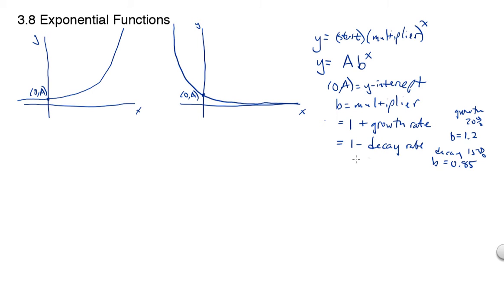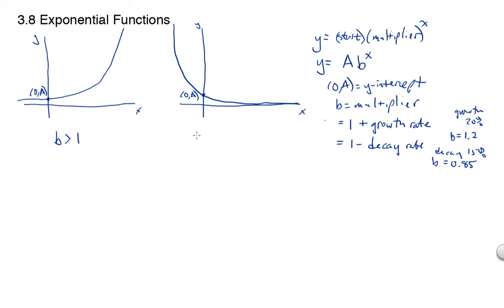So let's look at what situation determines whether we're growing or decaying. If we look at our multiplier, if we're growing, that means we're taking 1 plus our growth rate, 1 plus some positive decimal. So if we're growing, then our multiplier is bigger than 1. If we're decaying, then we're going to take 1 minus some decay percentage.